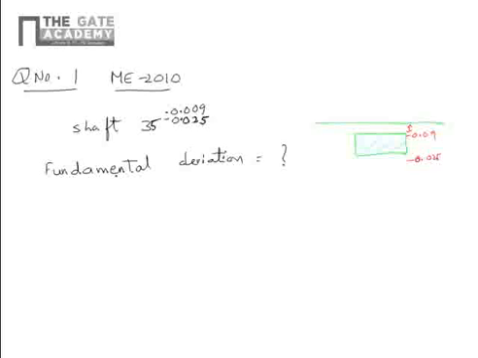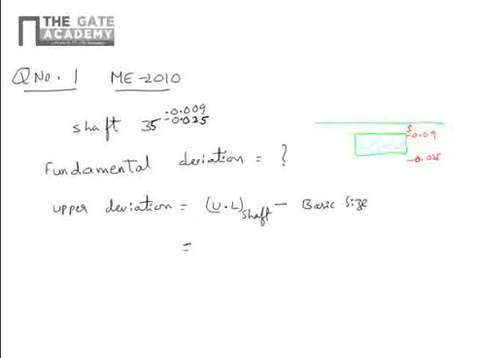First, we will calculate the upper deviation. Upper deviation equals upper limit of shaft minus basic size, or basic size minus upper limit, you can also take.